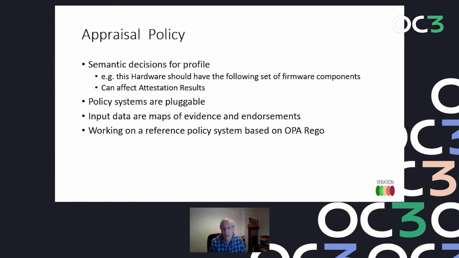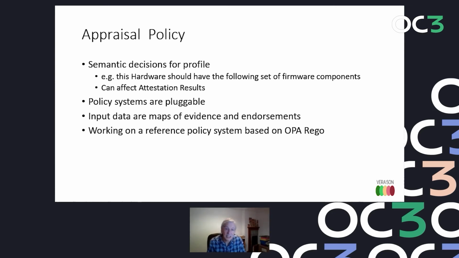So for example, okay, I know it's this hardware, but I do expect to have the following set of firmware components, or I want to see a trusted subsystem also present. And that's something that you might need to run by policy, which is more arbitrary. It's not a mechanical testing against each component.